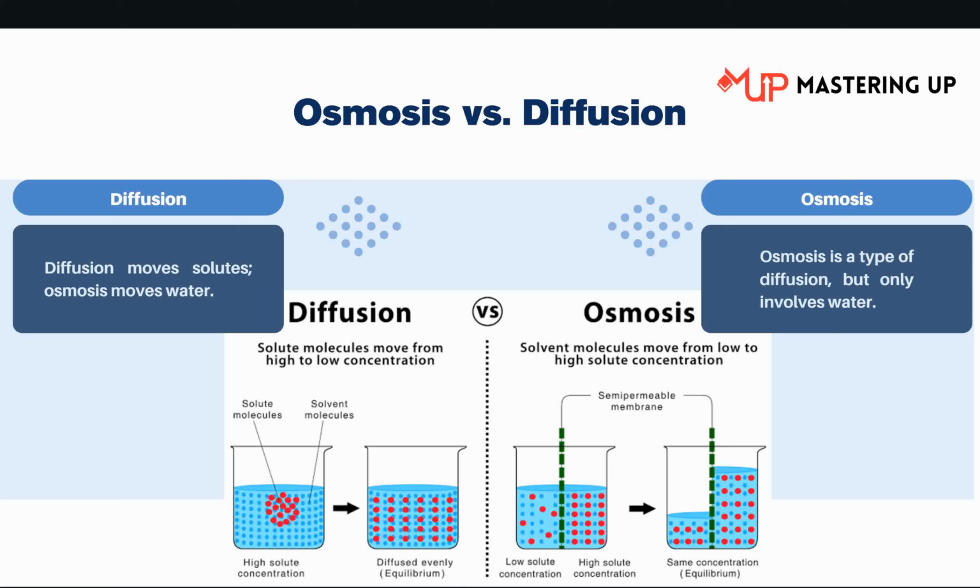Now let's see the difference between osmosis and diffusion. It's important to note that osmosis is a specific type of diffusion. Diffusion refers to the movement of molecules from an area of high concentration to an area of low concentration.